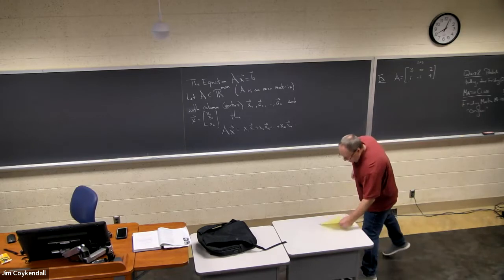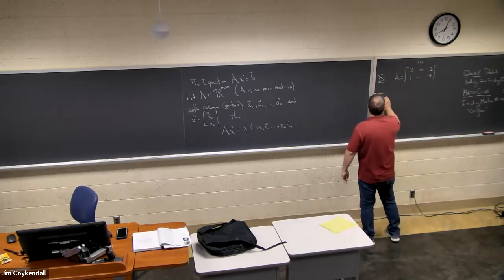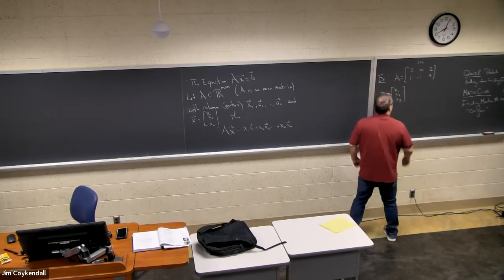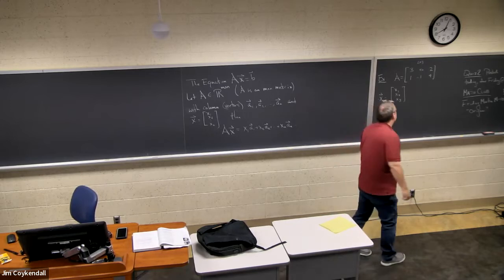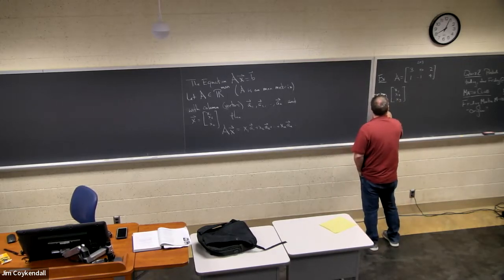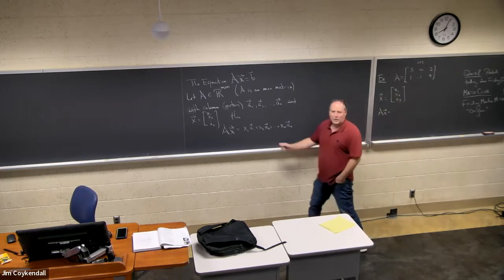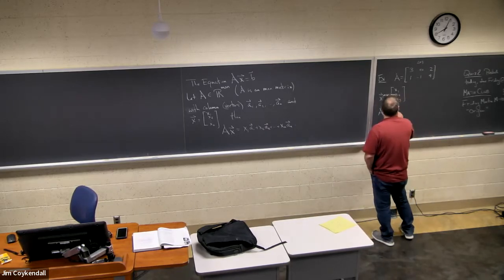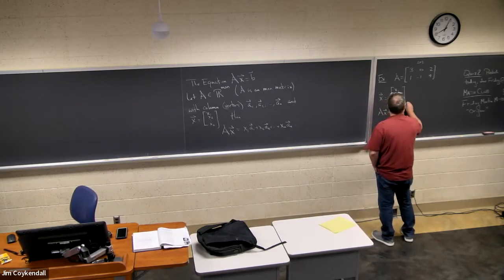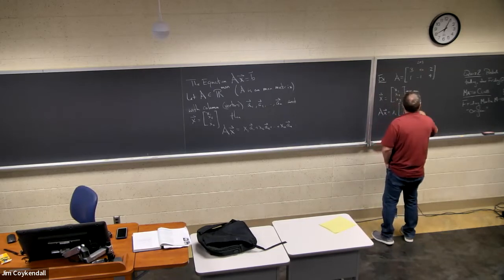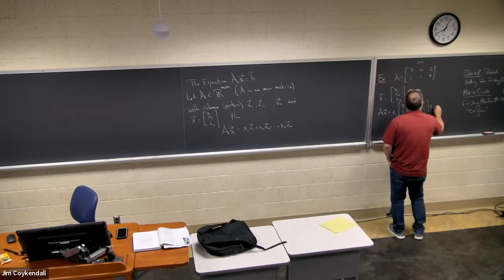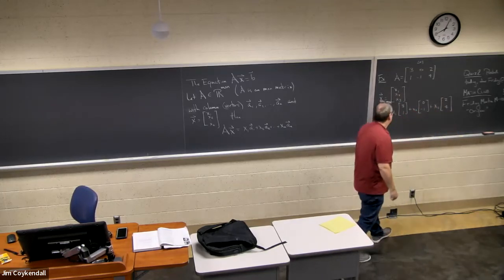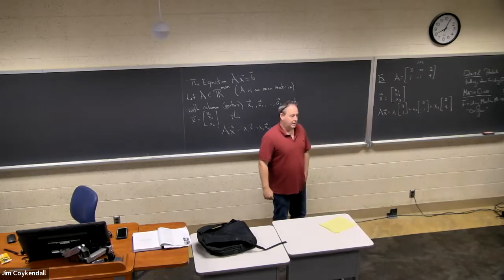And suppose that I multiply it by the column vector x. According to this definition here, this is x1 times the first column plus x2 times the second column plus x3 times the third. Everybody okay?